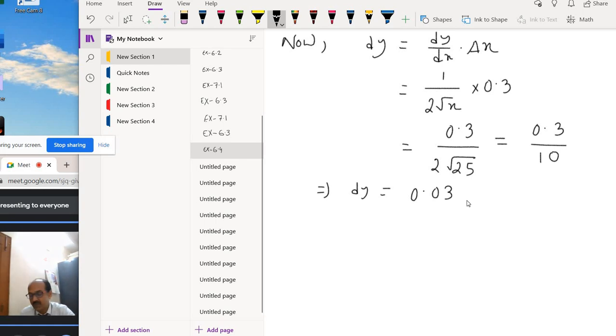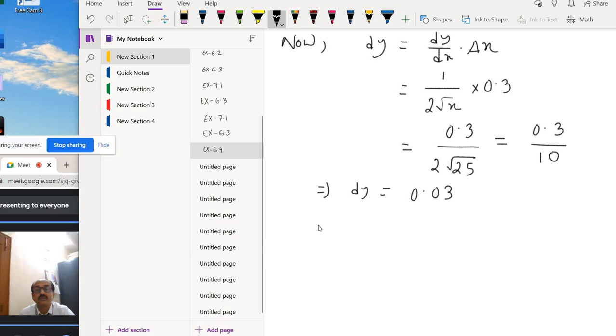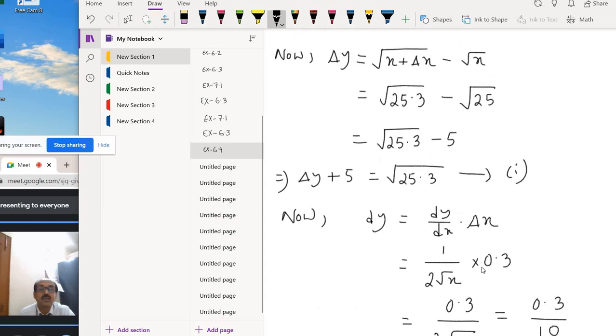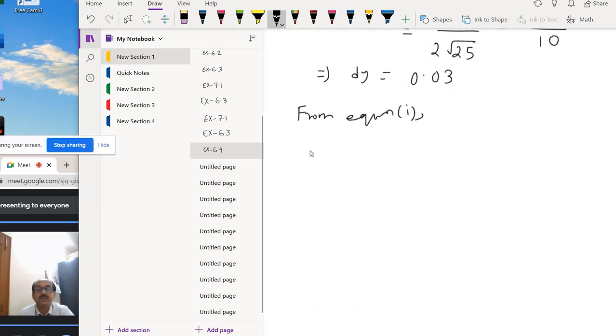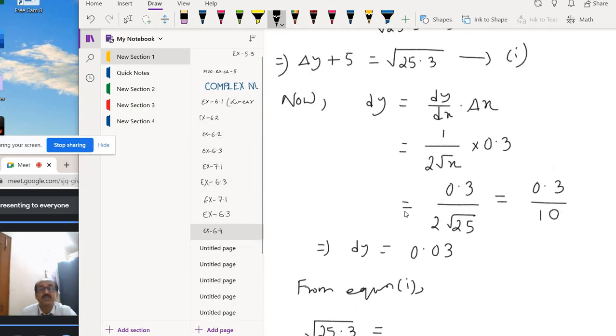Now from equation 1, under root 25.3 equal to delta y plus 5.